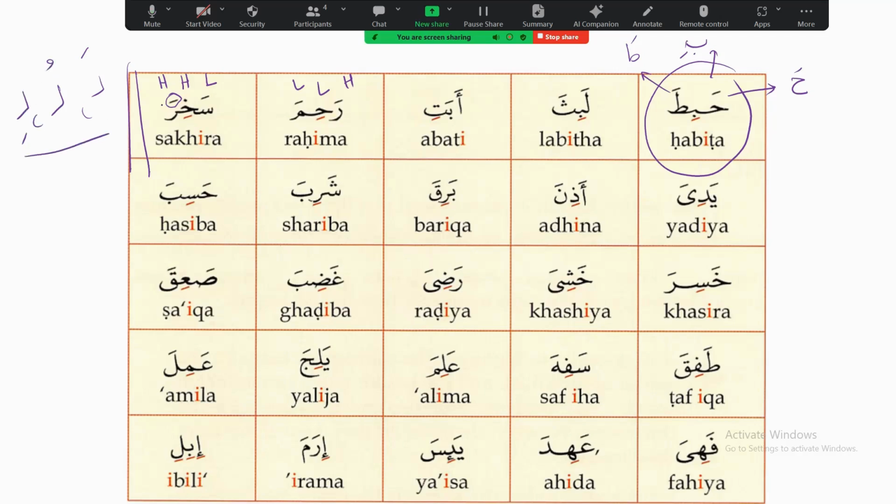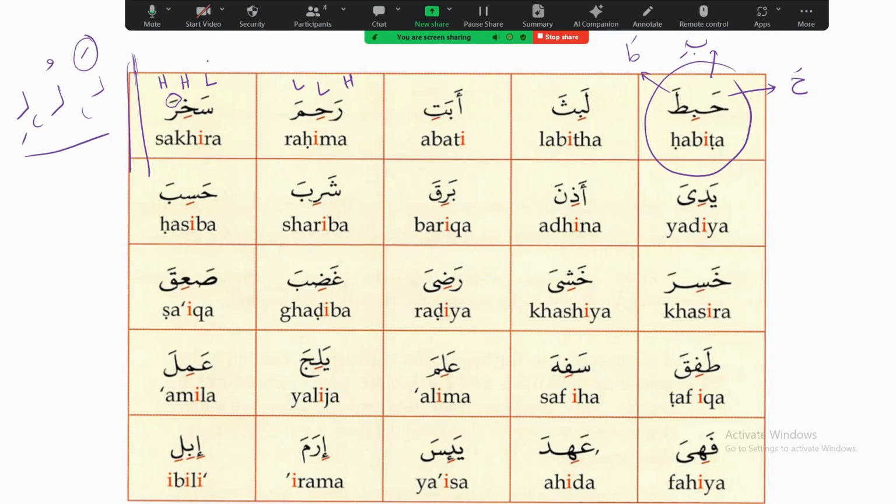That is why at the end I'm not saying sakhira, I'm not saying ra fatha ra, I'm just avoiding the symbol of fatha. Why? Because that is how we do it when we take a break at any such letter. Sakhira, sakhir. I'm just saying sakhir at the end.